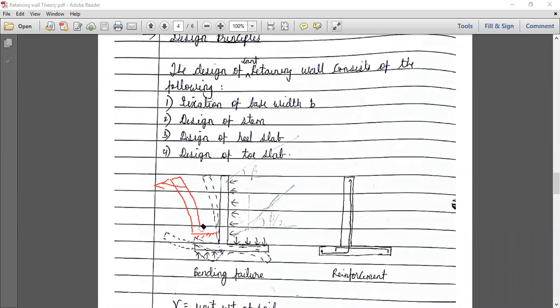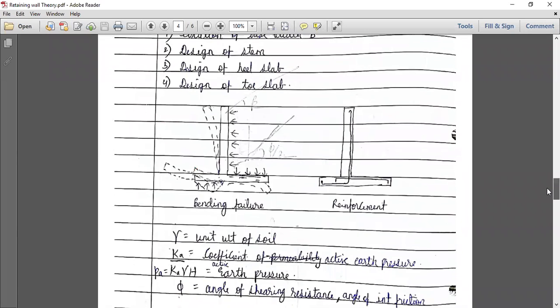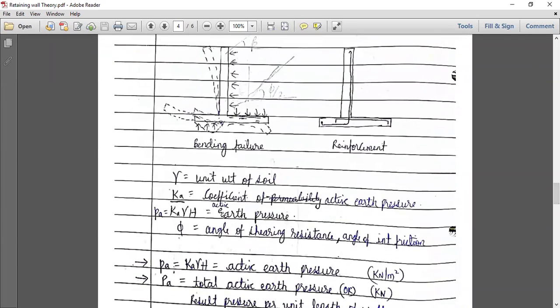So now let us move on. Now let us see the equations which are involved. Gamma is nothing but the unit weight of soil. What is Ka? It is the coefficient of active earth pressure. And what is Pa? Pa is the active earth pressure, which is given by Ka into gamma into H. And what is phi?